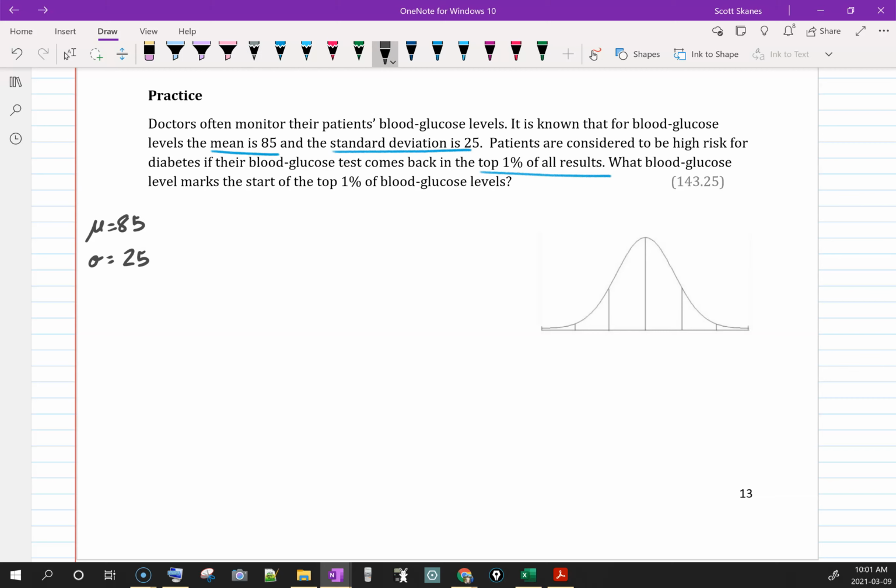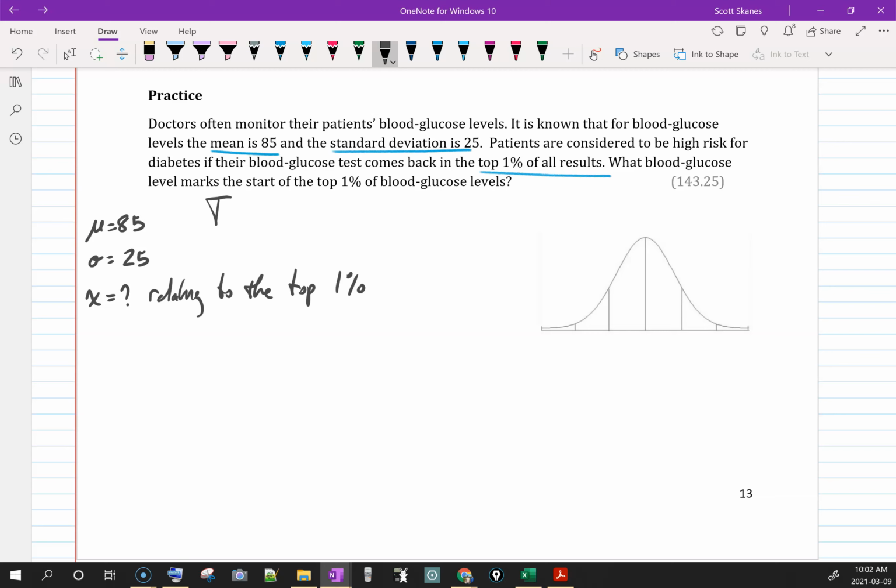What blood glucose level marks the start of the top 1%? So you're looking for an X value relating to the top 1%. So you want to know what data value would be above 99% of the other information.